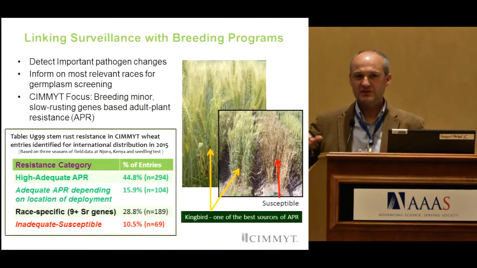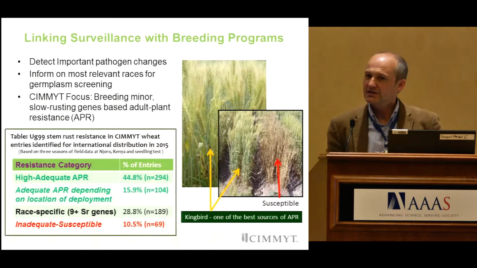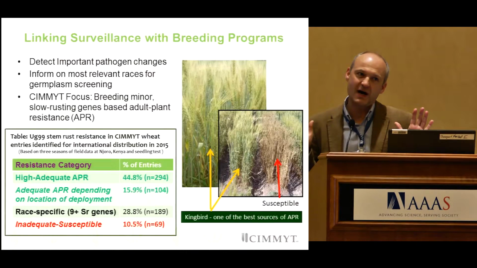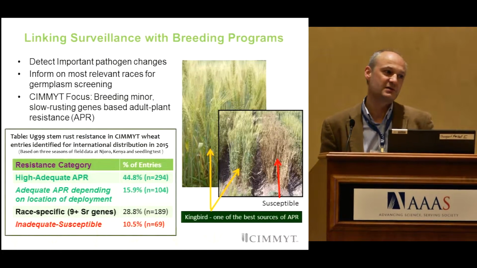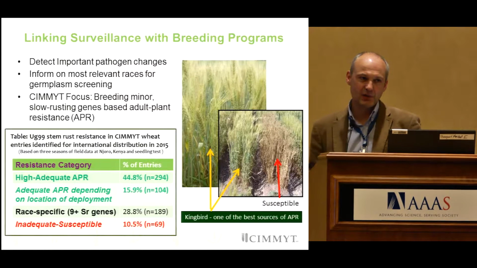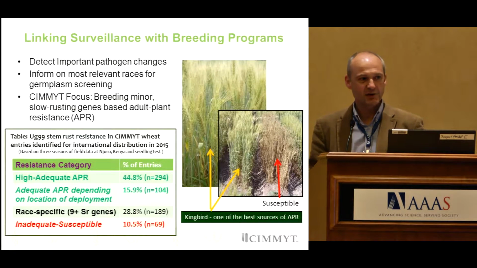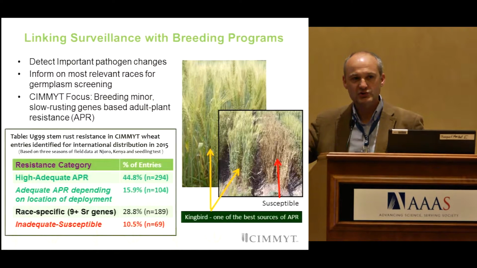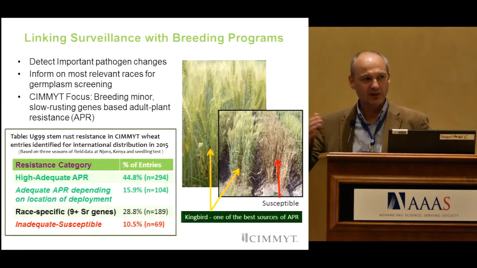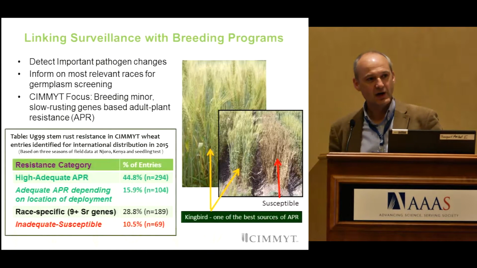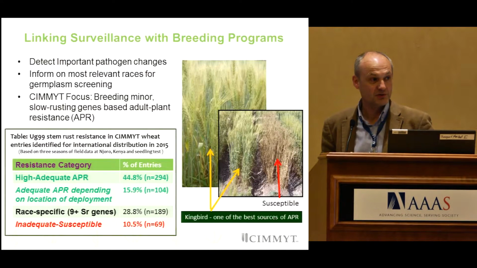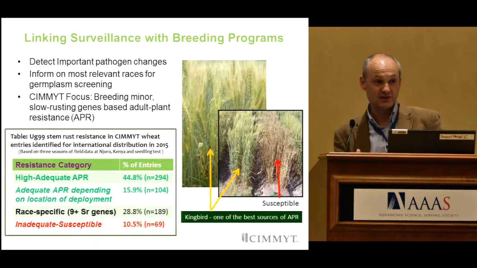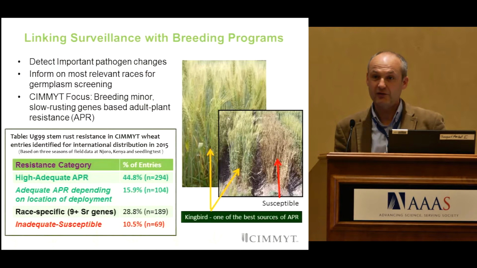You put out resistance like that in an environment like East Africa, and maybe it will last two or three years at the most. But with this multiple minor gene approach, the expectation is that you would go towards durable resistance that would last for many years, and it would be race non-specific. That's the sort of resistance that we want in varieties that farmers are growing.